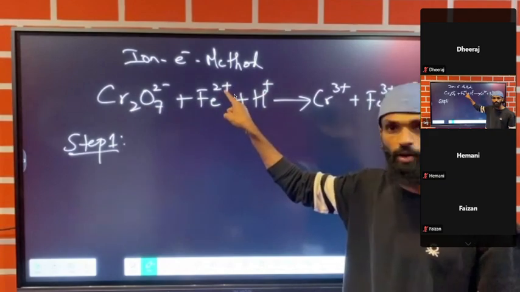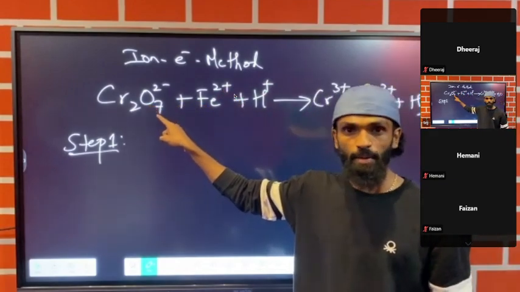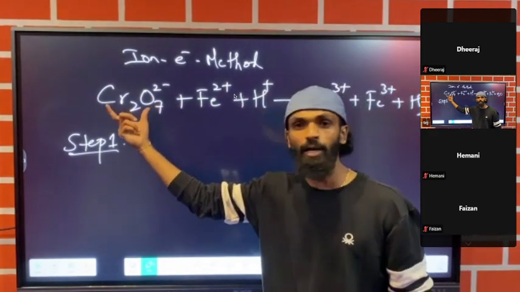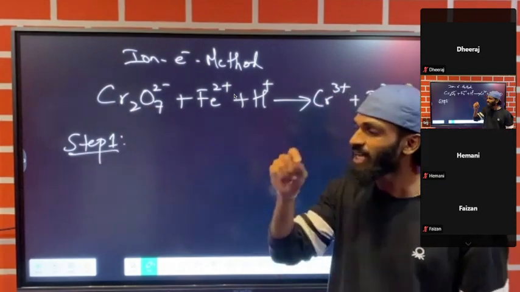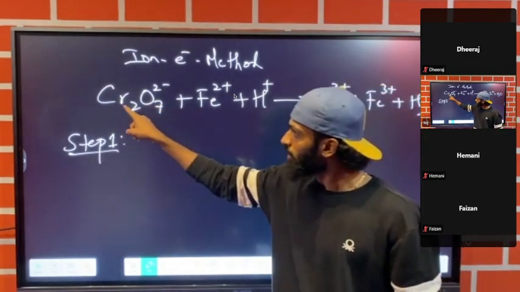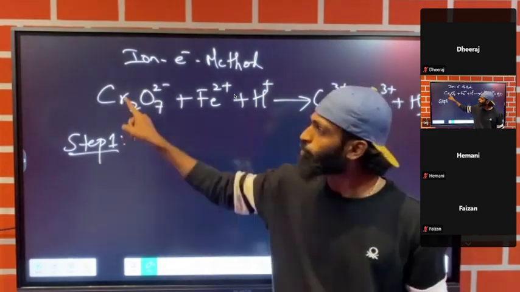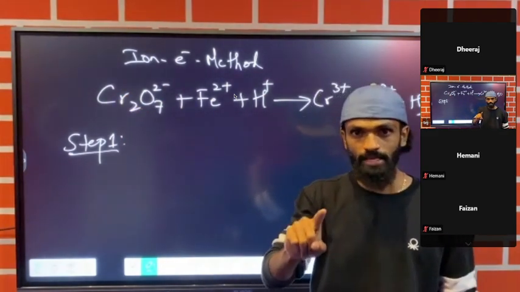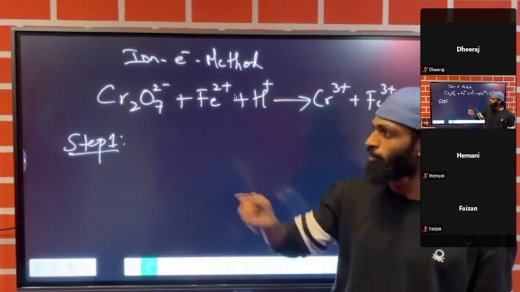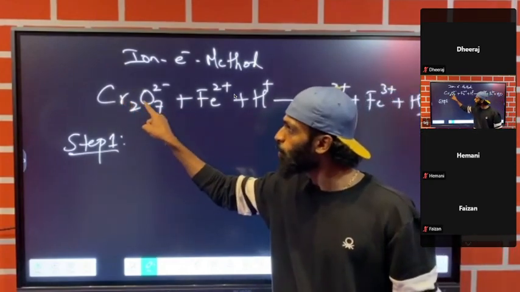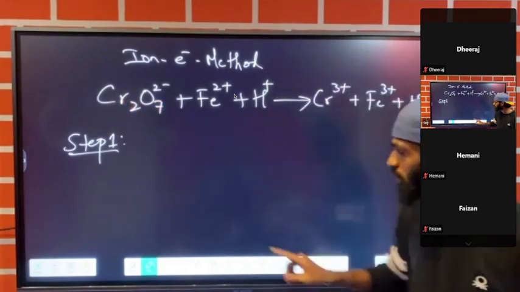This, I can see a valency already. This also, I can see a valency. But don't you think this is a bigger compound? Bigger compound meaning there are more components. Here, in Cr2O7 2 minus, I do not know the oxidation number of chromium. So step number 1 is, you're supposed to find the oxidation number of Cr in Cr2O7 2 minus. Don't you think I just taught you that?